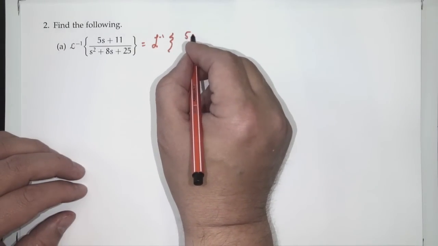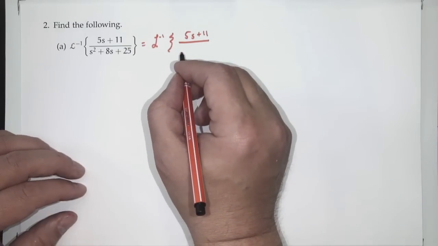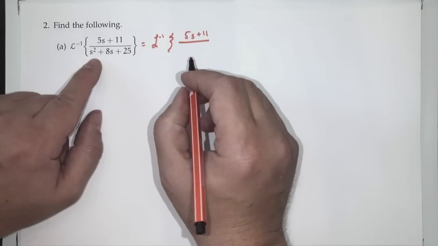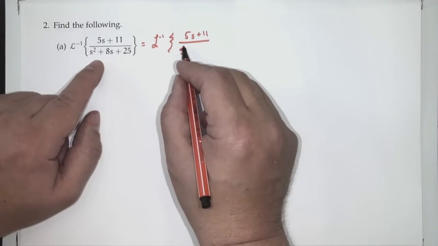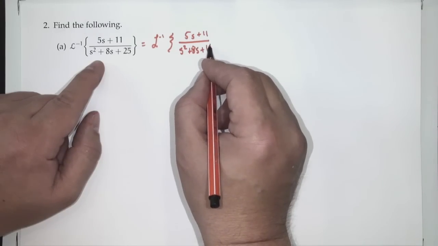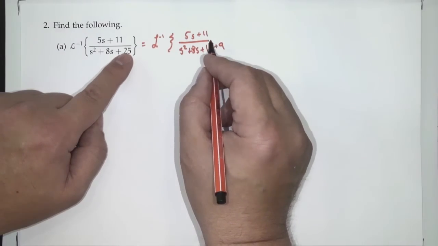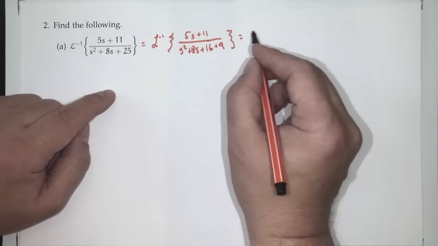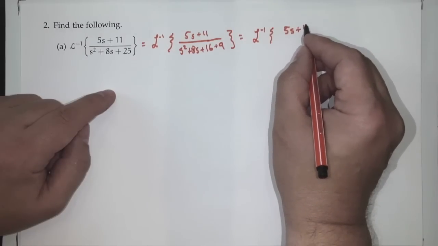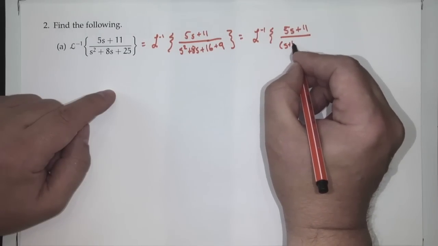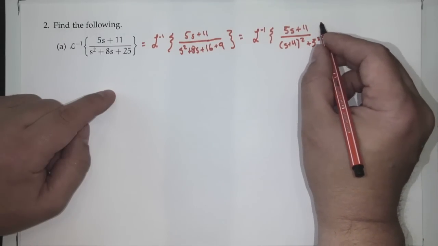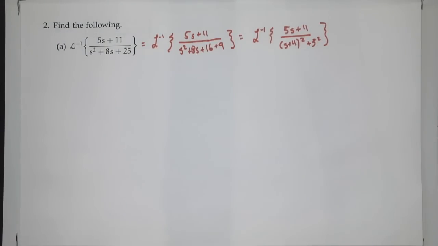So we aren't changing the upstairs. To complete the square, you say, okay, s squared plus 8s, what would I want to add? Well, divide the 8 by 2, square it. You'd add 16, and then you still have 9 more to go to get up to 25. So this is the inverse Laplace of 5s plus 11 over s plus 4 squared plus, and I'll write the 9 as 3 squared.